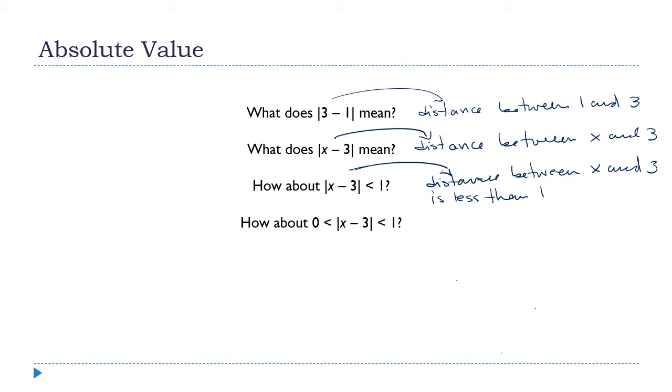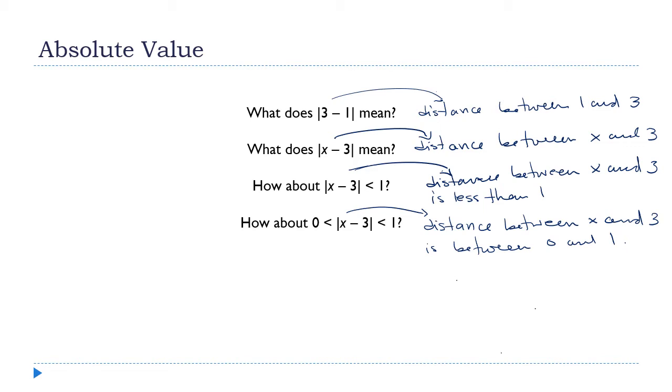Because you remember when we were talking about our generic examples in the last lecture, we didn't want to let x actually ever equal c. So this last inequality is saying the distance between x and 3 is between 0 and 1. That's the version of this that we're going to use in our formal definition.